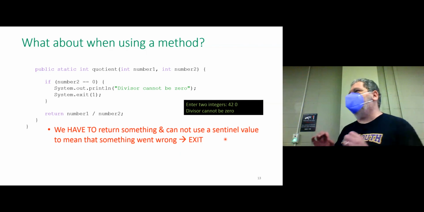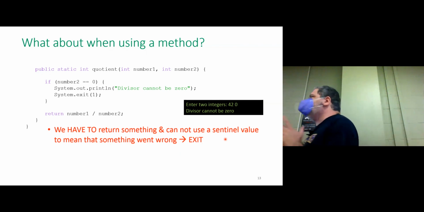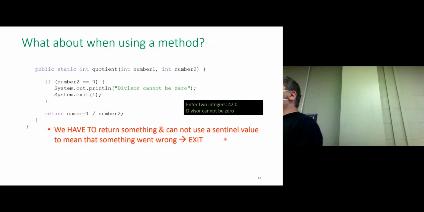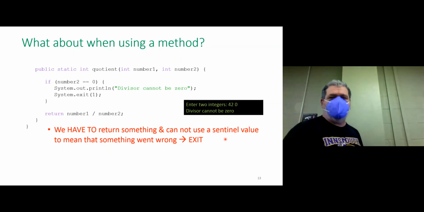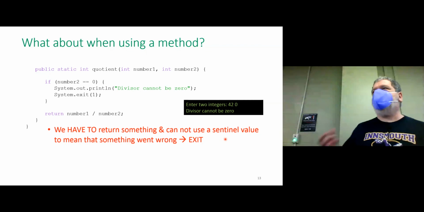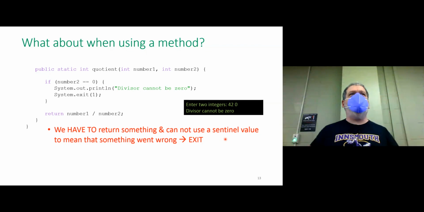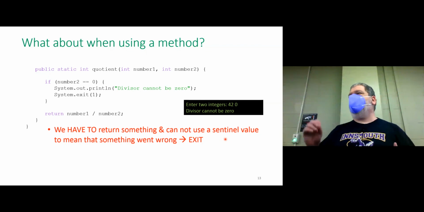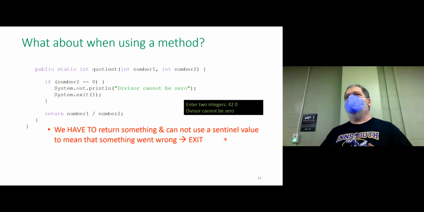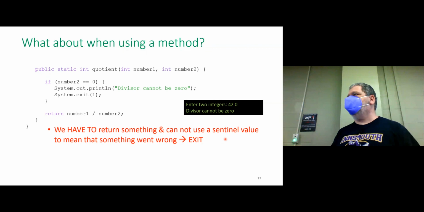It's still a problem because this method has to return something. If I want the method to complete, it has to return an int. But there is no sentinel value for me. Nobody has told me that if I return, say, minus 12345, that means I encountered an error condition, and whoever called me is going to know what to do.